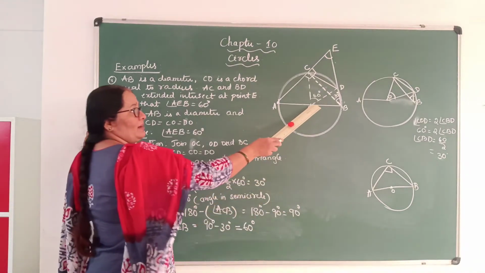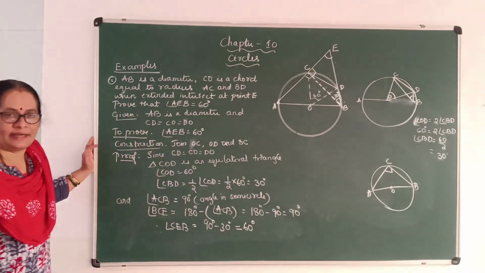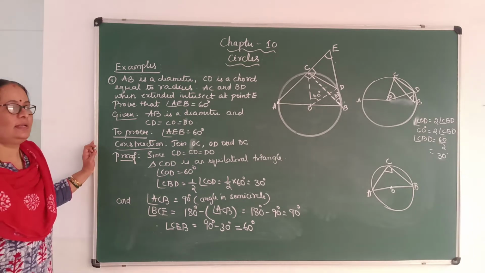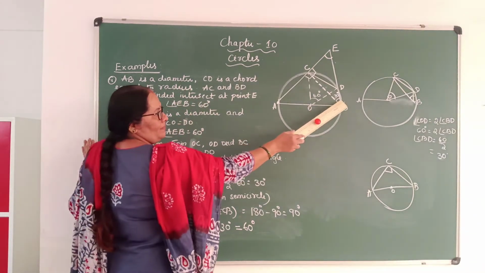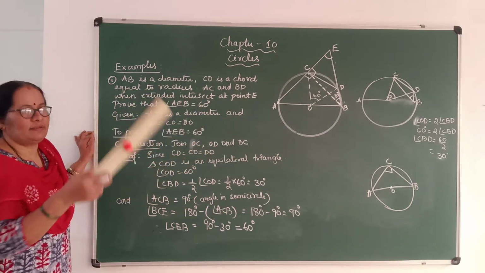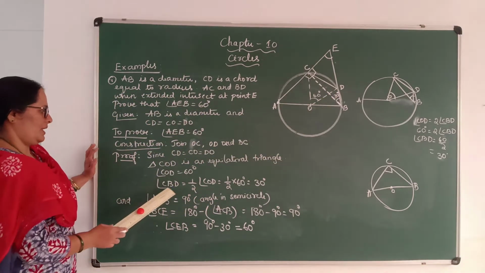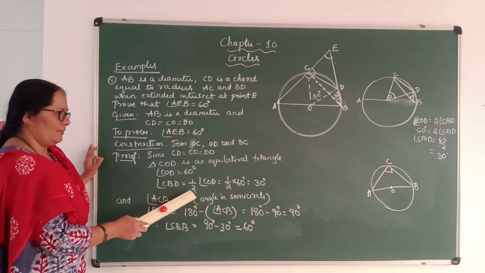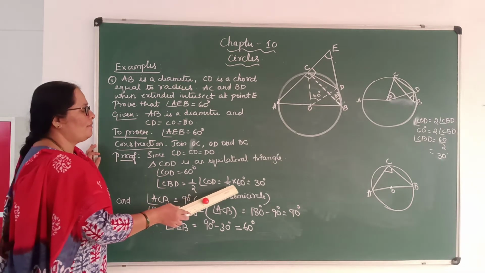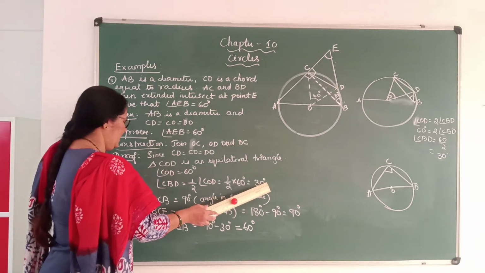COD is the angle subtended at the center. The angle at the remaining part of the circle is CBD, which is half of 60 degrees, which is 30 degrees. So angle CBD equals half of angle COD, which is half into 60, 30 degrees.